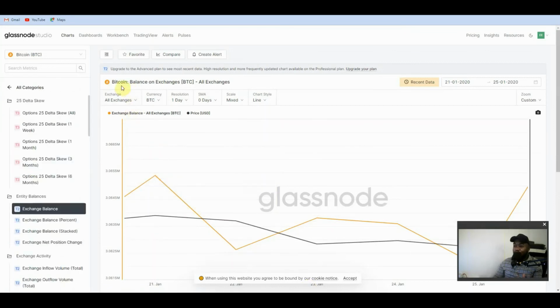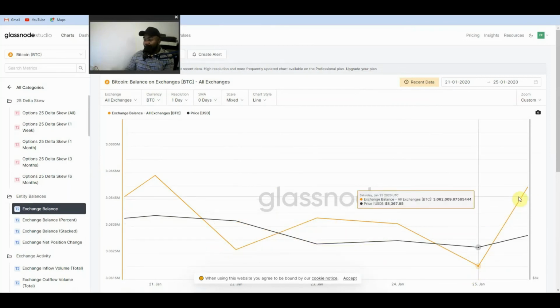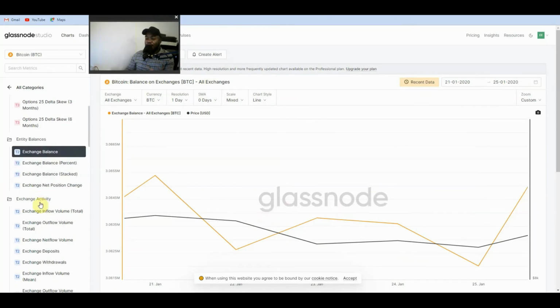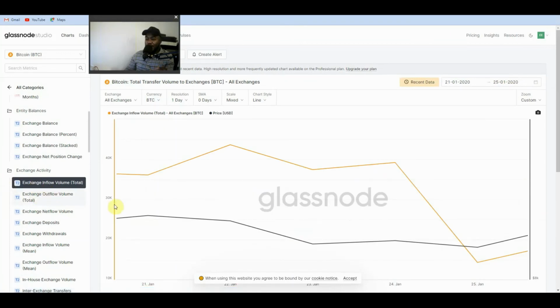This is the Bitcoin balance on exchanges, all exchanges in general, and when you see how it is moving, it is now on high. All exchange balance on Bitcoin shows how many Bitcoins are on all the exchanges. Only this type of analysis can show you this. Exchange inflow, okay, I have seen it.